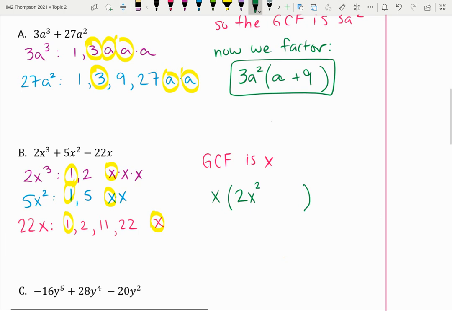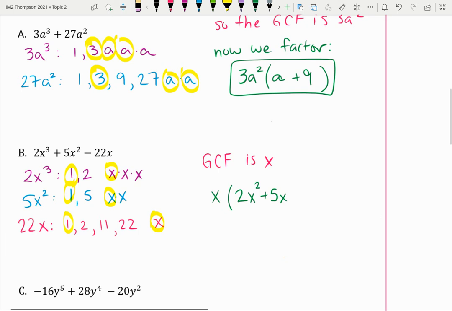We decided that they all had an x in common, so that's my greatest common factor. So I'm bringing it in front. So then here I have 5 divided by 1, so that's just 5. X squared, I take away an x, I'm left with an x.